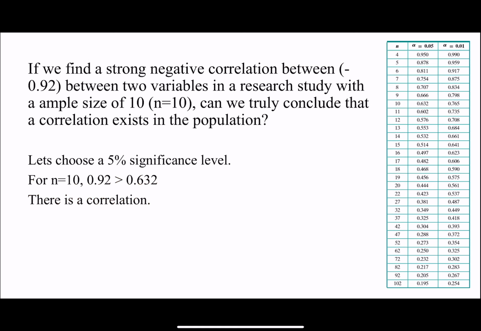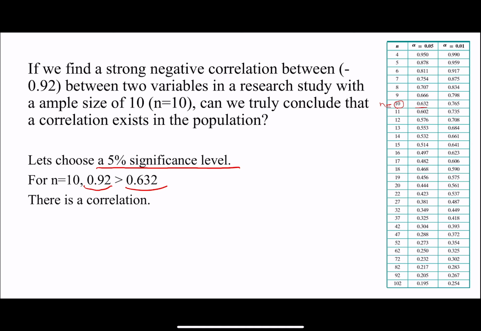So this alpha 0.05 is a 5% significance level, okay? We saw that the magnitude of correlation, the absolute value of correlation, is bigger than the data in the table for n equal to 10.